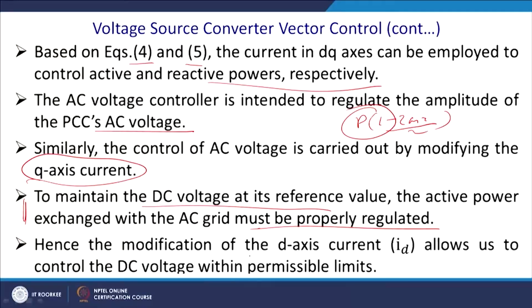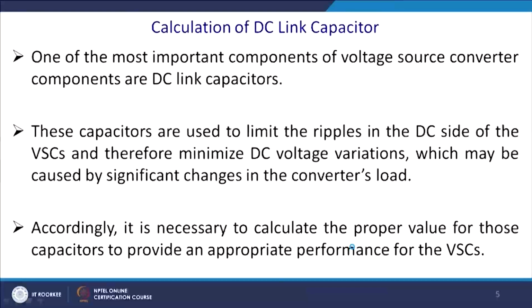Hence, the modification of the D axis current ID allows us to control the voltage within the permissible limits. Now we shall go into the calculations of those entities: how you will calculate the value of the capacitor, the value of the inductor, and of course the rating of the switches also comes into the picture.